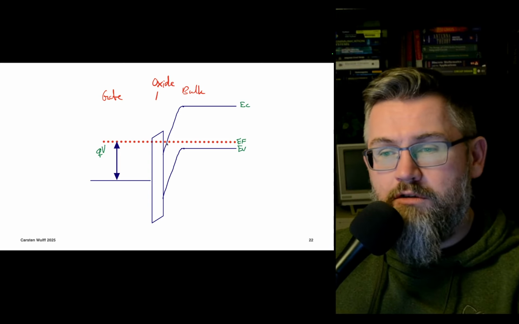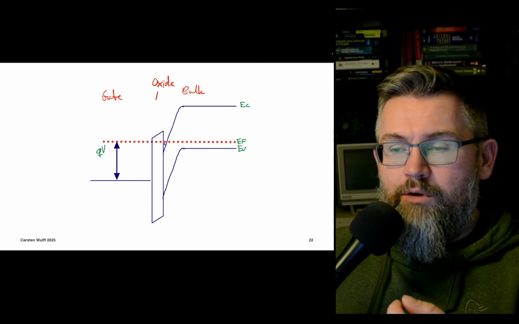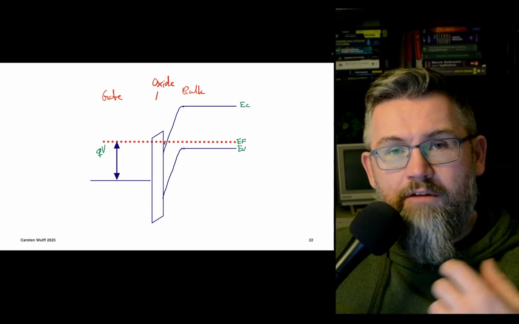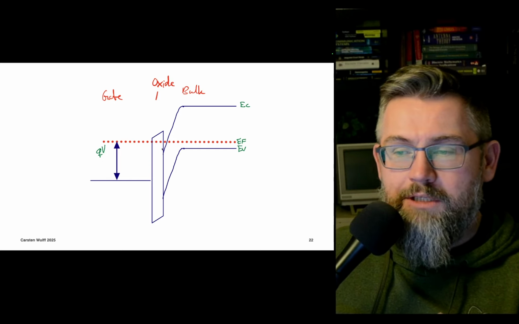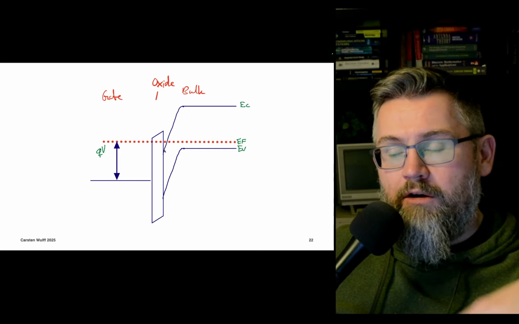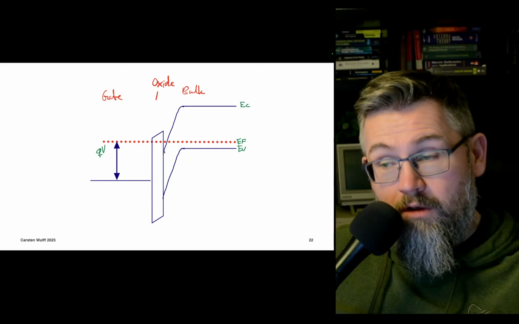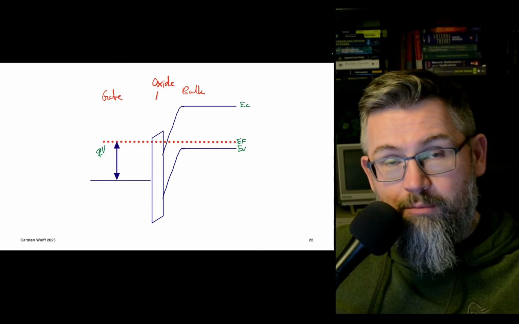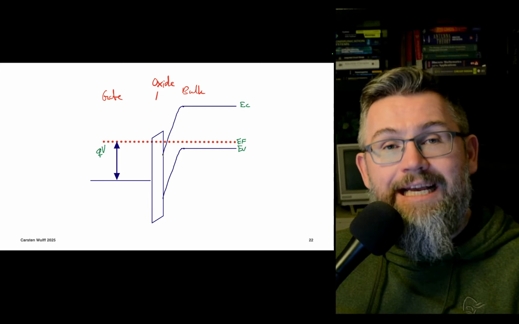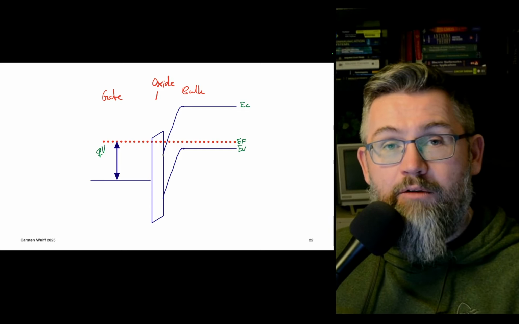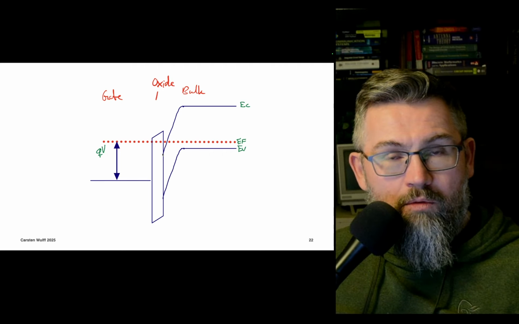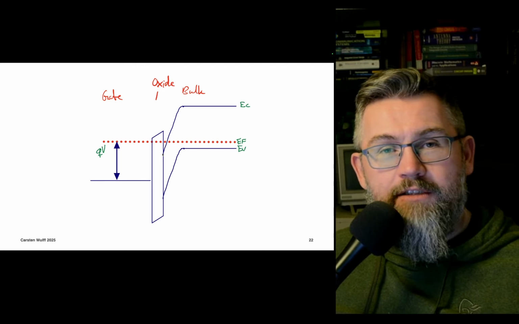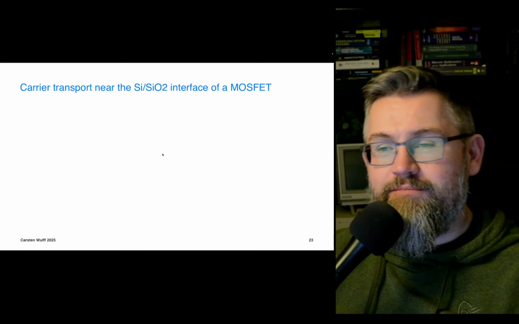Now the Fermi function, if we're at the Fermi level with the energy, is equivalent to 50% of the states being filled, which means that when our conduction band goes below the Fermi level, most of the available states in the conduction band will actually be filled. And now we have created this magic sheet of electrons.